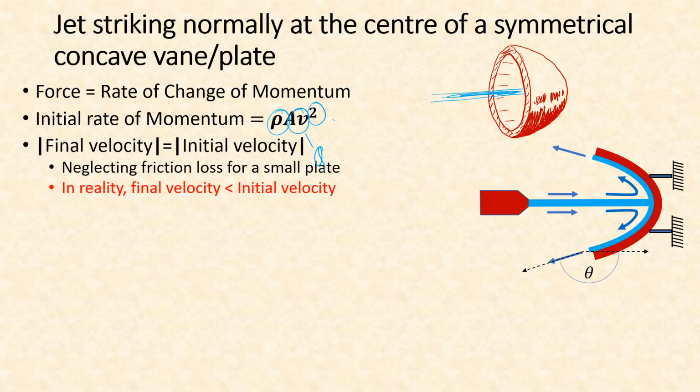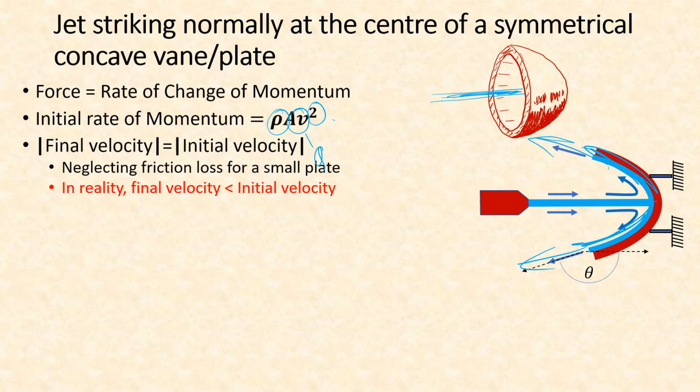The underlying assumption is that there will be no friction along the surface of the plate. That means the velocity at which it has hit the plate, it will leave the plate at the same velocity, same speed rather.